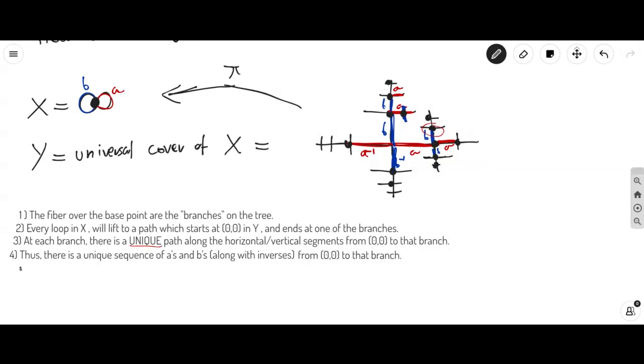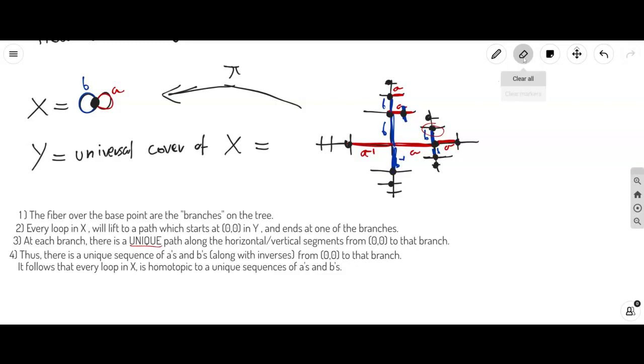And so it follows that every loop in X is homotopic to a unique sequence of A's and B's along with their inverses. And that explains why the fundamental group of X is a free group generated by these two loops. That's what it has to do with. So that's the explanation, and it has to do with the universal cover.